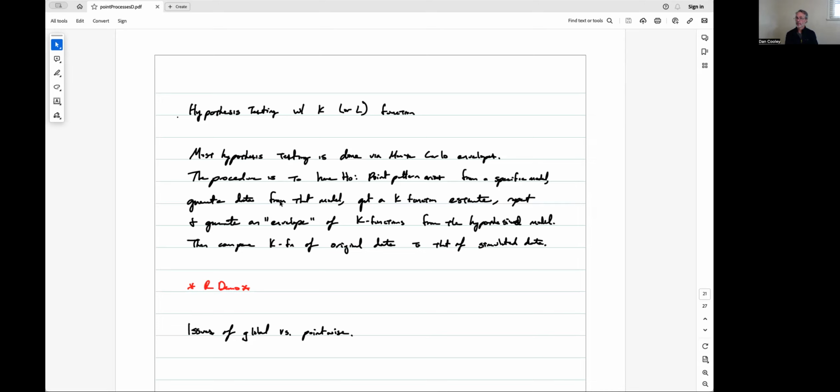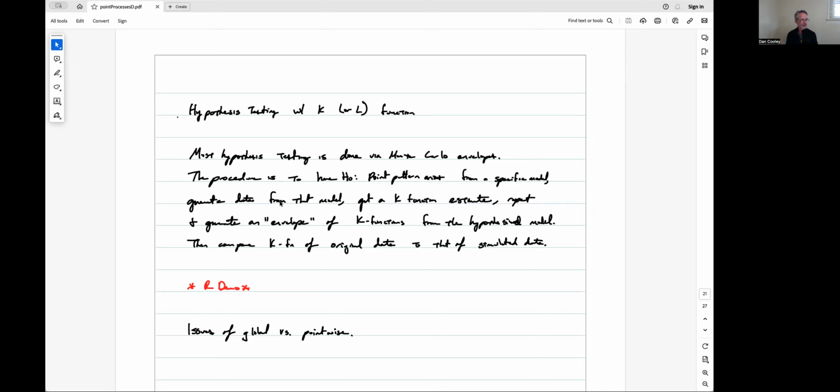We're going to apply that general notion to the K function or the L function. What we're going to do is generate realizations of the L function under our null hypothesis, presumably of complete spatial randomness. That will give us an envelope of realizations. It has a permutation test feel.